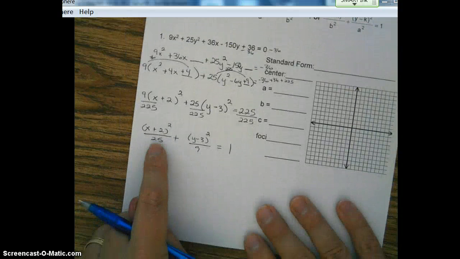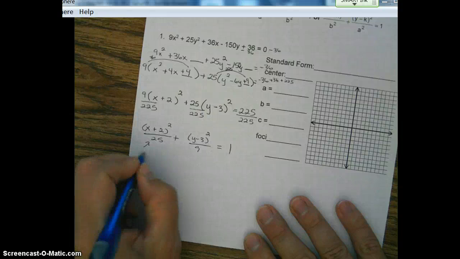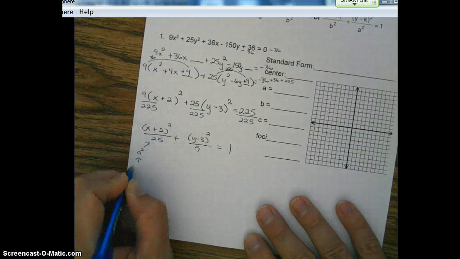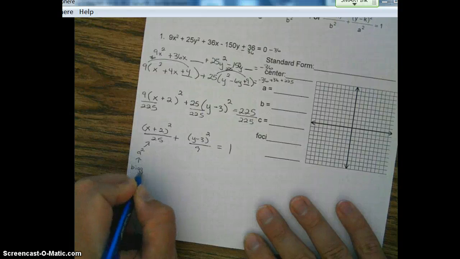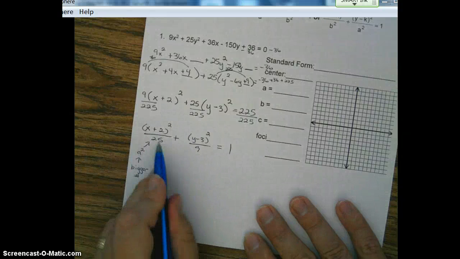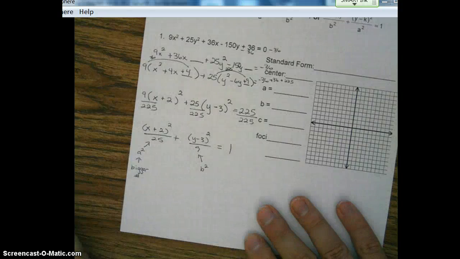Well, notice the bigger number. The bigger number is going to be a squared, and that's going to make the other one b squared.